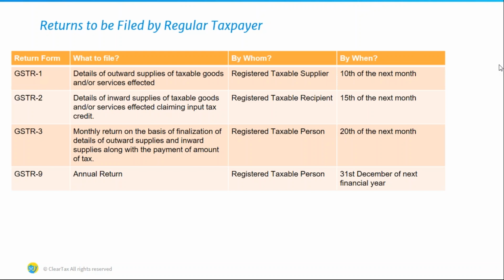Every buyer under the GST regime will definitely opt for a supplier who is highly compliant, because that will ensure his input credit on time. So again, filing all these returns within the timeline is very important.